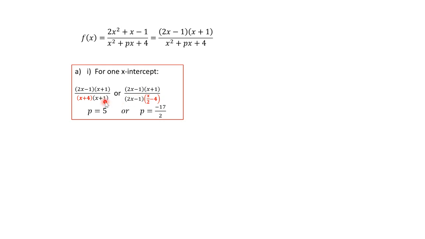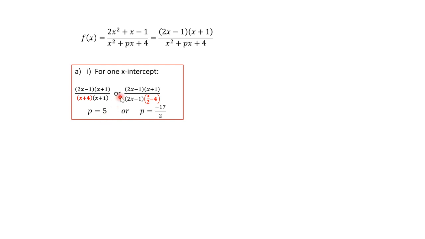So if this is equal to x plus 1, what would this one have to be? And we're just going to do it by inspection. So you're going to say, okay, well, the first and the first has to be x squared, and the last has to be 4. So if this is 1, that's got to be 4. Now remember that p would be the sum of my inners and my outers, okay? And so you've got your 4x plus your 1x, so p is equal to 5.